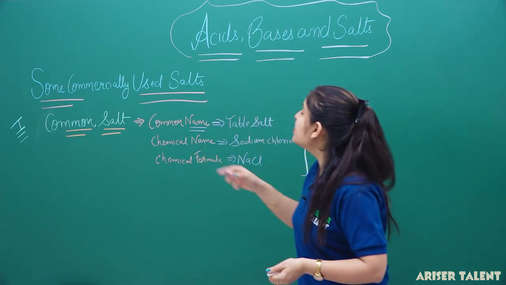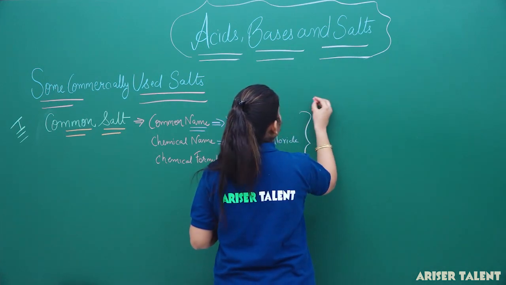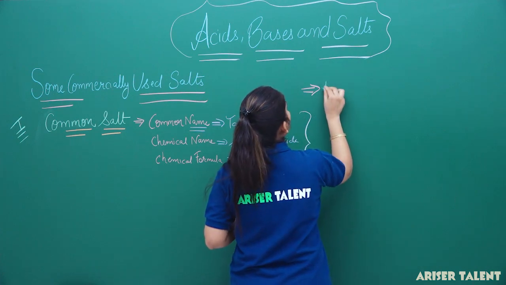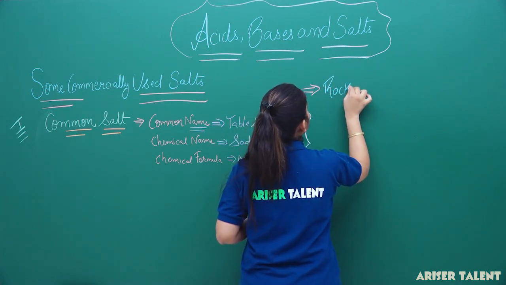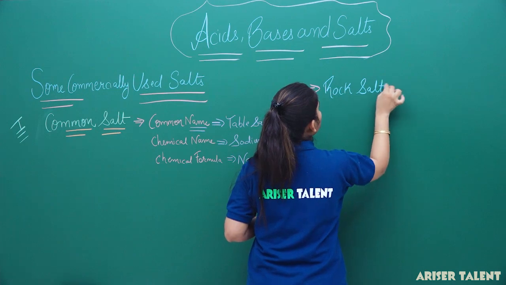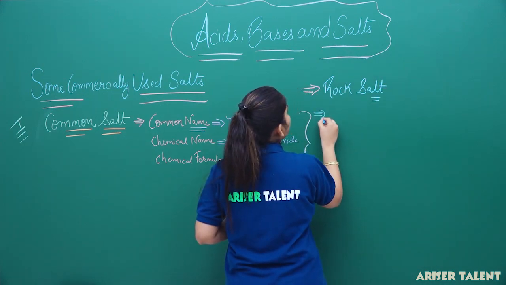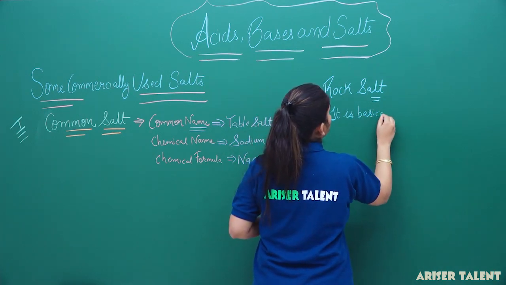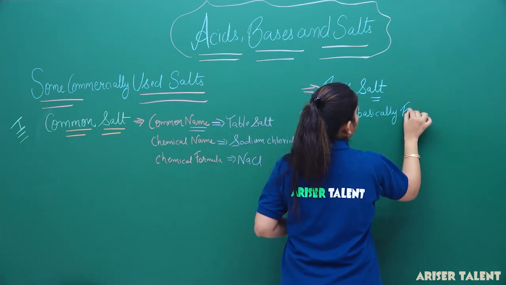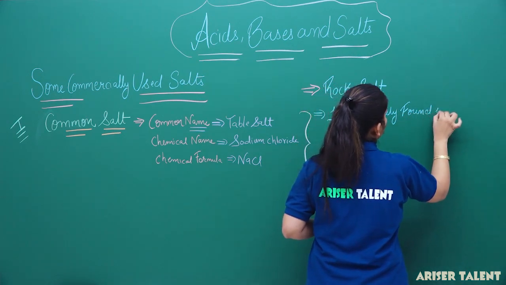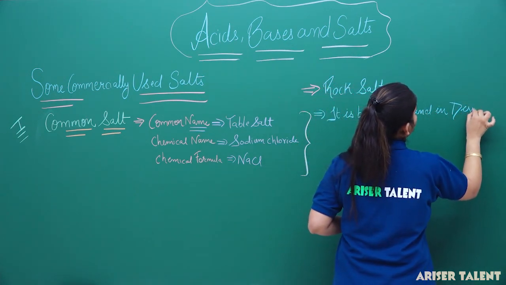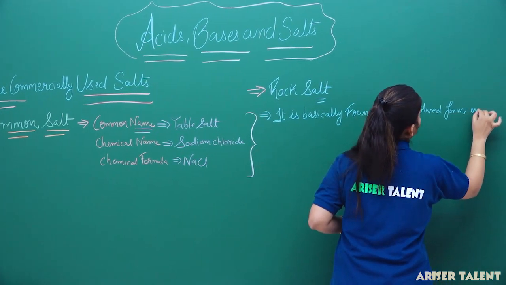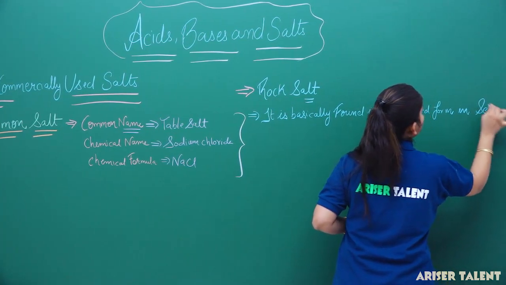So sometimes common salt is also known as rock salt. So this is the term used for common salt, and it is basically found in dissolved form. And in dissolved form, it is actually found in the seawater.